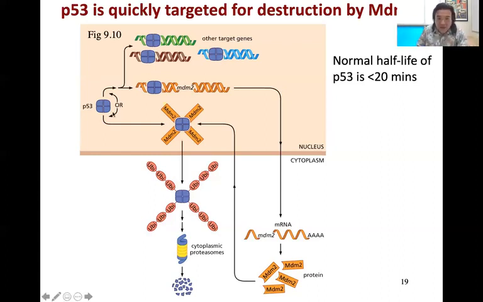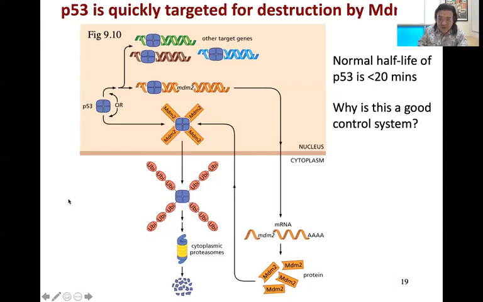So the way that our cells prevent that from happening is almost right away, p53 gets acted upon by this other protein, Mdm2. And Mdm2 is an enzyme that transfers ubiquitin groups. Ubiquitin groups are these small little amino acid sequences, right, that serve as little flags when they are added to other target proteins to post-translationally modify them.